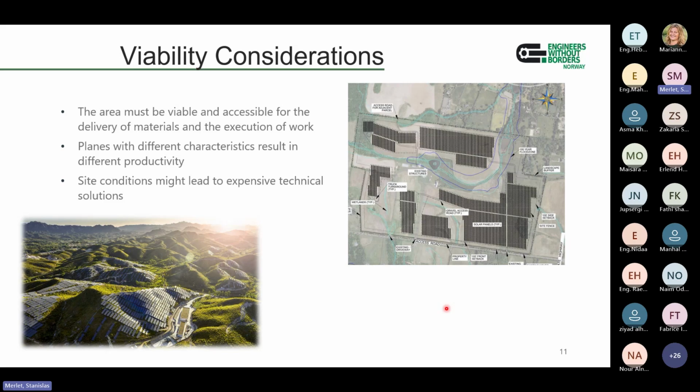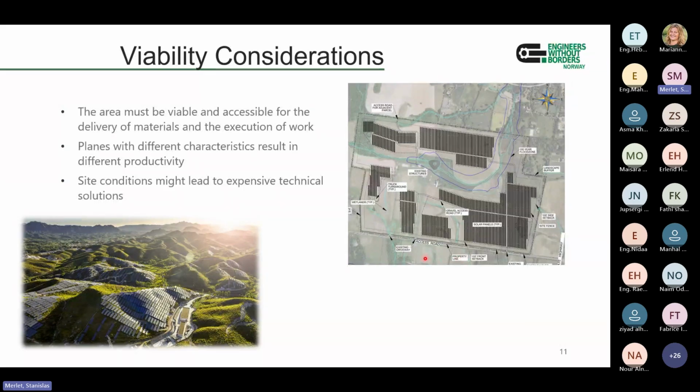You need to make sure that the delivery of material is easy. You need to make sure that you have enough space for the operation and maintenance teams, for example. So for large-scale plants, you need to make sure that you consider an office in there with basic things like maybe toilets, shower, and stuff like that. But that also takes some space.